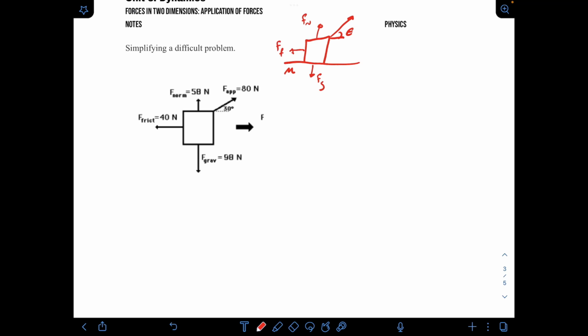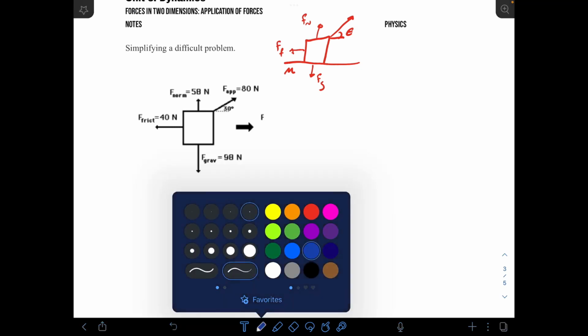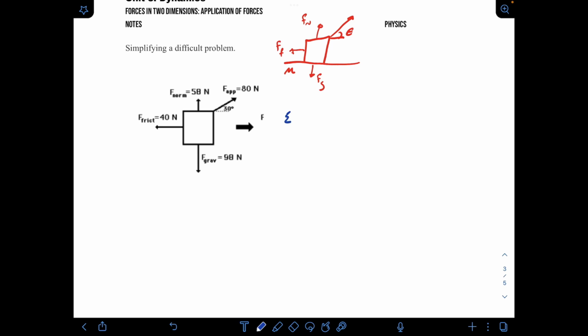And what we're going to basically be doing is we're going to figure out how we can simplify all this and work on the directions. And so what we'll do first is look at everything in the x direction. Okay, so I have the applied force is the thing happening at an angle here. So that's something to keep in mind.